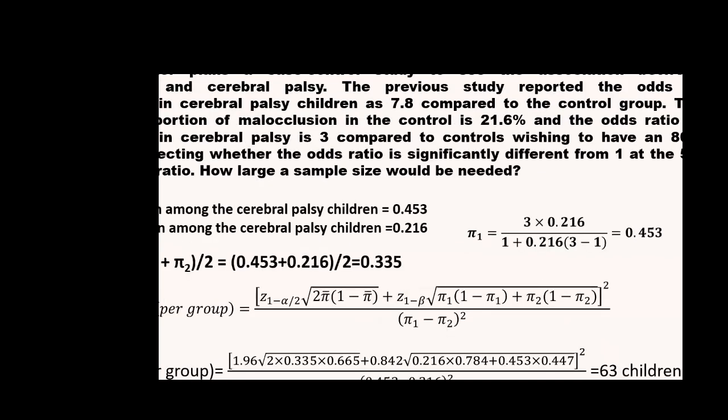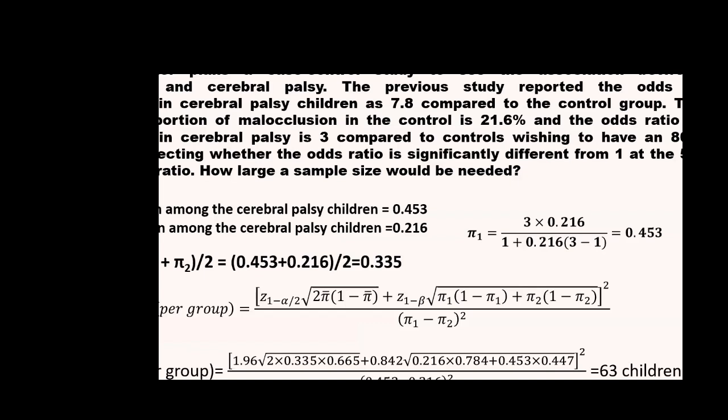Now, this is another example I am taking for the odds ratio for better understanding. The investigator plans a case control study to see the association between malnutrition and cerebral palsy. The previous study reported that the odds of malnutrition in cerebral palsy children is 7.8 compared to control.